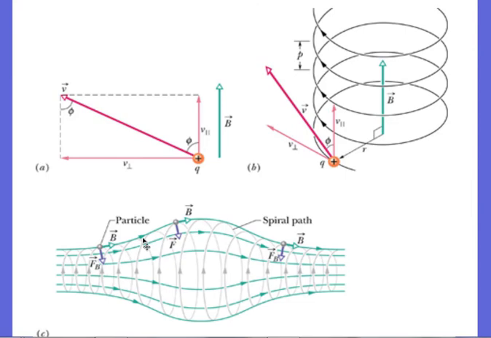Okay, again, this notion of the magnetic field causing things to go in a circle. But if you were to project a charge, in this case a positive charge, at this angle, and you had a magnetic field going that way, this velocity would have two components, one of which is parallel to the magnetic field and would not have any force arising.